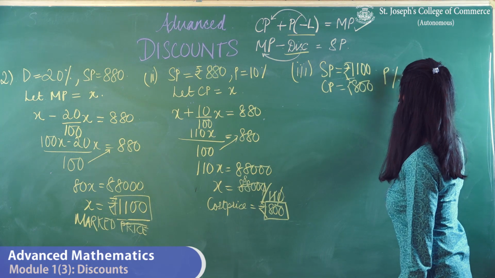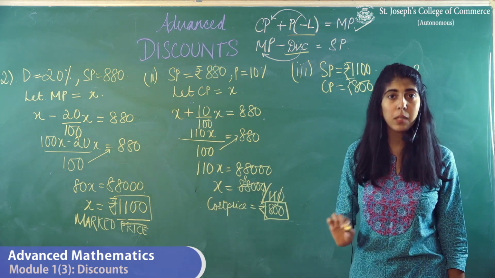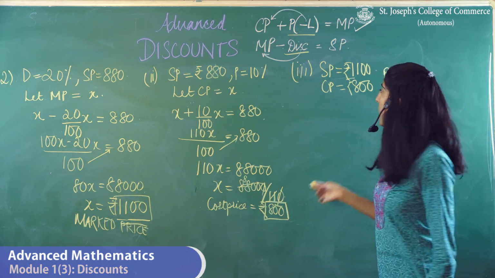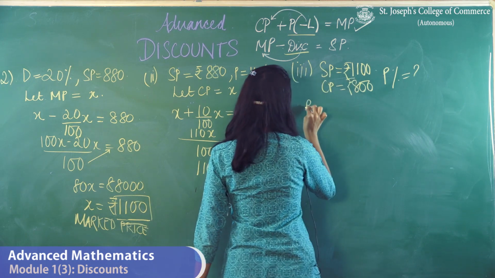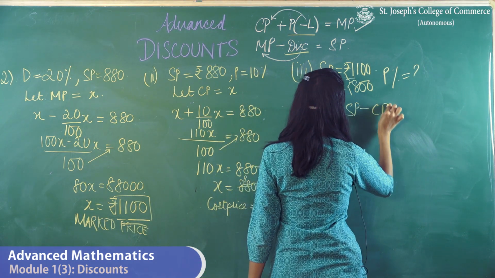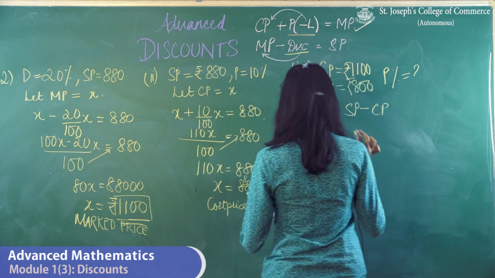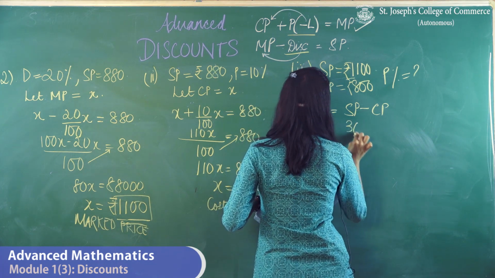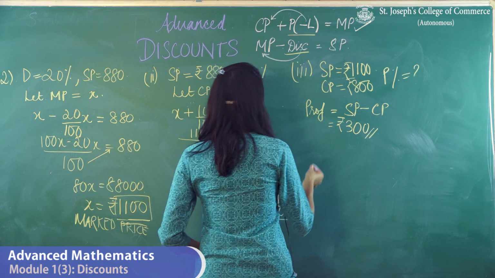What is his profit percentage? Profit percentage is profit divided by CP into 100. So let's first find what is the profit amount. Profit is equal to SP minus CP. Now, selling price minus cost price gives you a 300, right? So, it will be profit is equal to rupees 300.